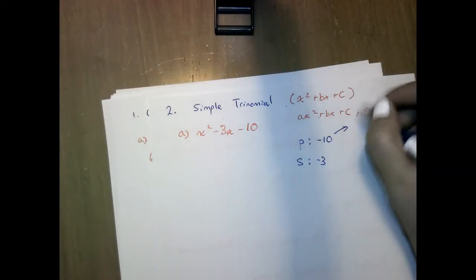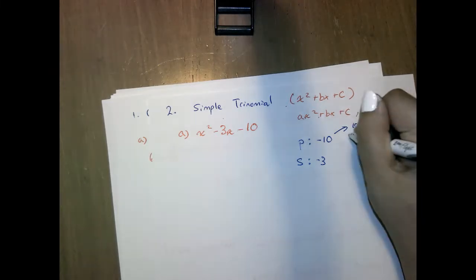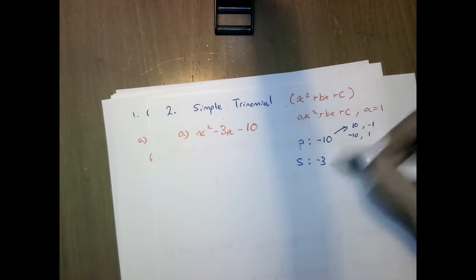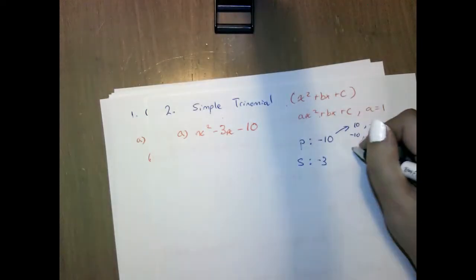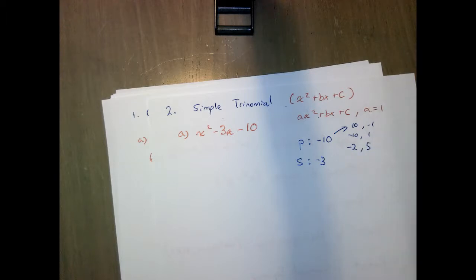Well, I could do 10 and negative 1. I could do negative 10 and positive 1. But 10 and negative 1 would add to 9, and negative 10 and 1 would add to negative 9. So we know that neither of those is my case. Other products, I also have a negative 2 and a positive 5.